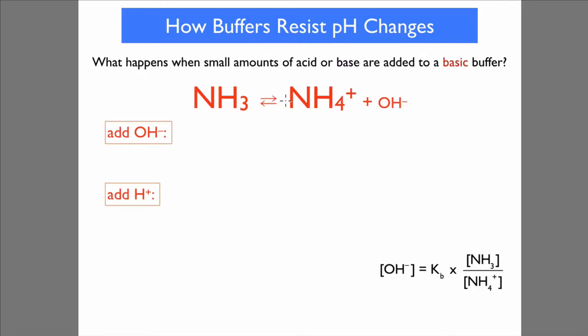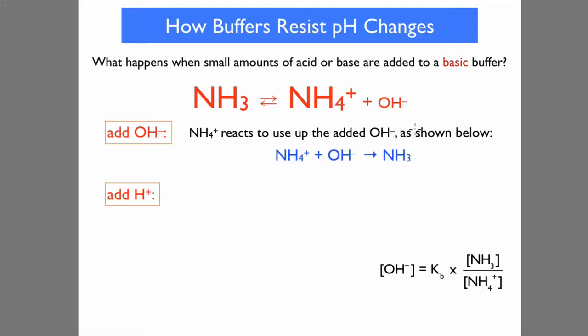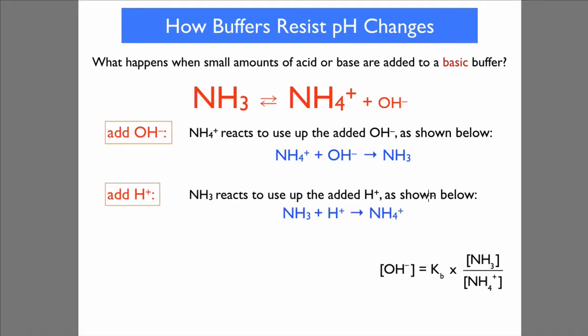What happens when small amounts of acid or base are added to a basic buffer? Well, let's have a look at ammonia with the ammonium ion and the hydroxide ion. If we add OH-, the NH4+ reacts to use up the OH-. That's like so. If we add H+, sorry, then ammonia will react to use up the H+ with the following equation.